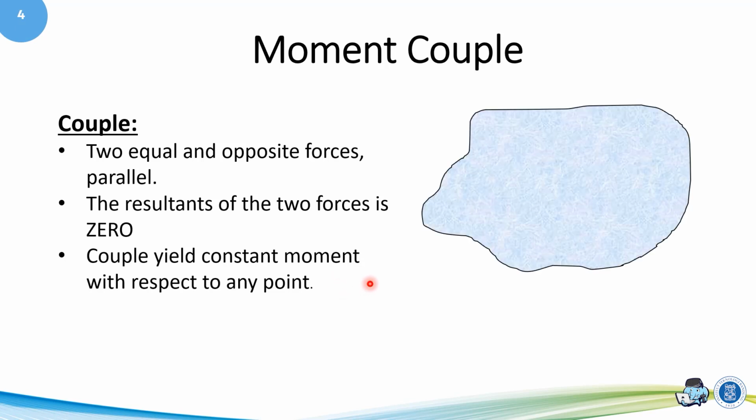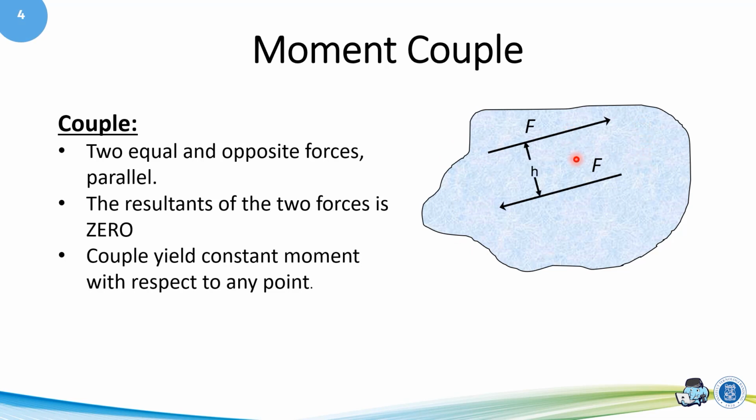And here I want to show you how to find the moment of the couple. You can see this is the body, and in the body there's a couple, a force acting to the right and another force acting to the left. You can see these two forces are parallel, equal, and opposite in direction.